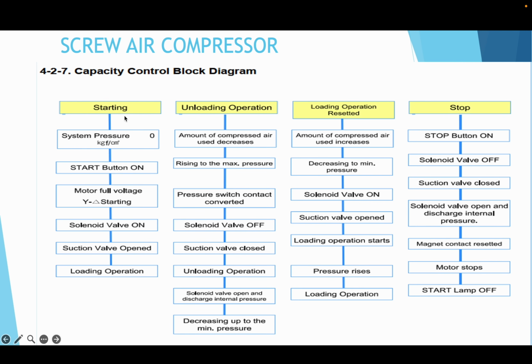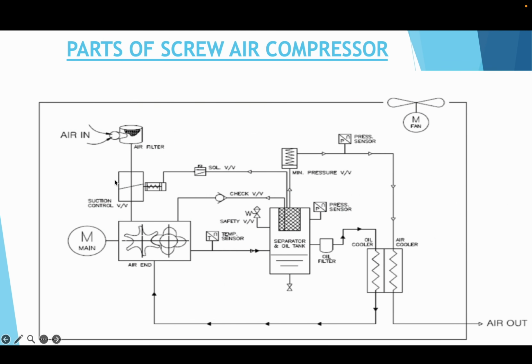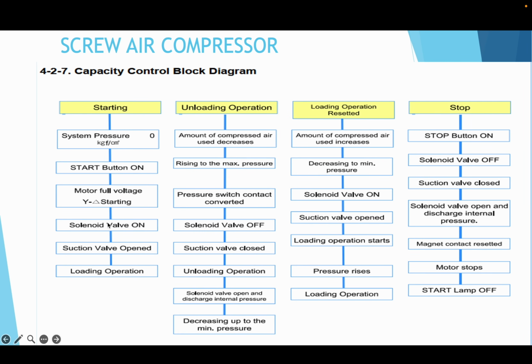When a screw air compressor starts, as I told you in my earlier video, this screw air compressor is a continuous running motor. It will be continuously running, and its starting and stopping will be done based on the requirement.